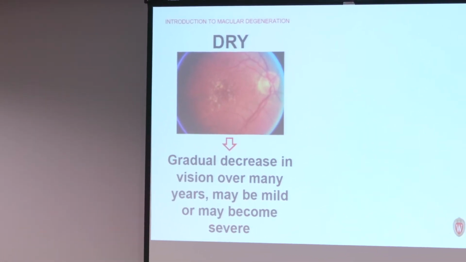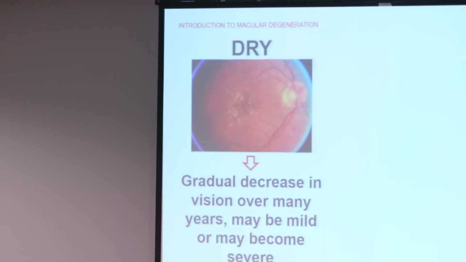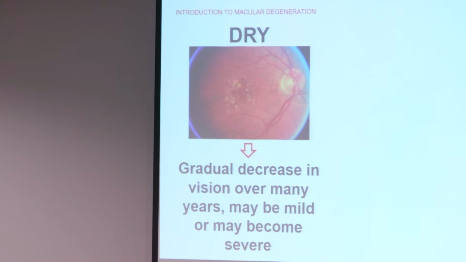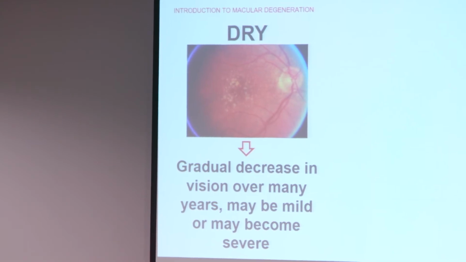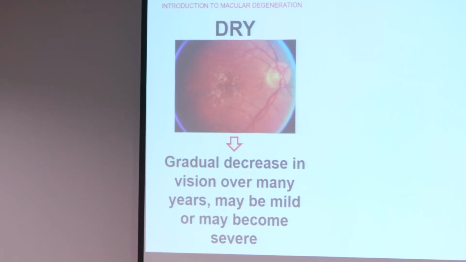It could be years. It could change very, very slowly. However, some people with dry macular degeneration also have a significant loss of vision. They lose vision because the retina becomes too thin or atrophic.